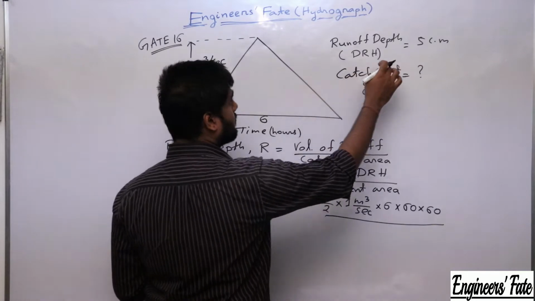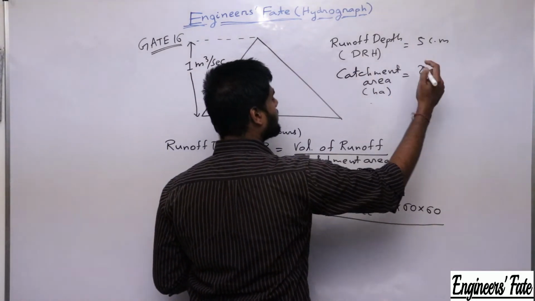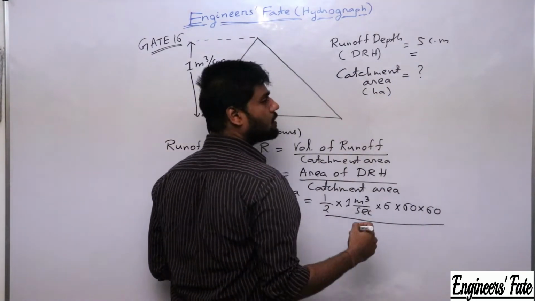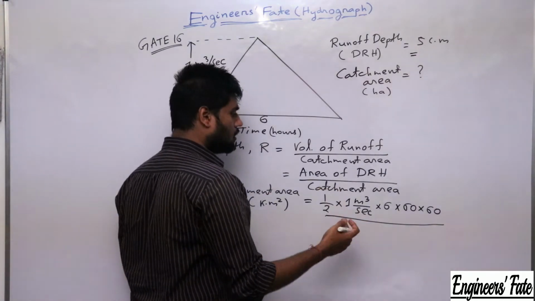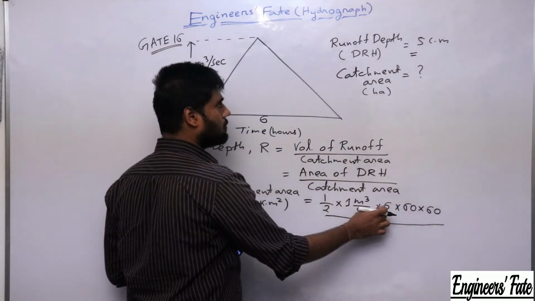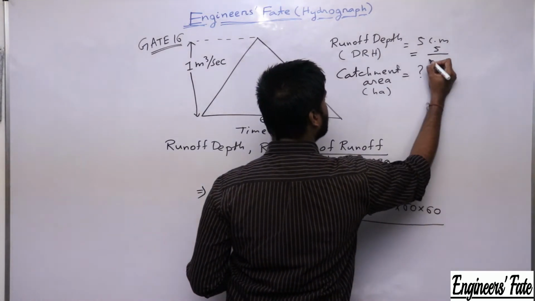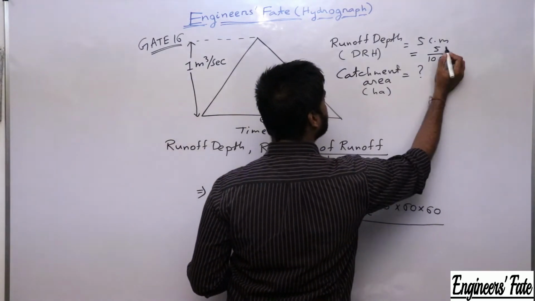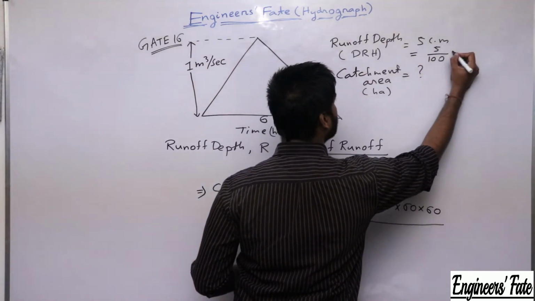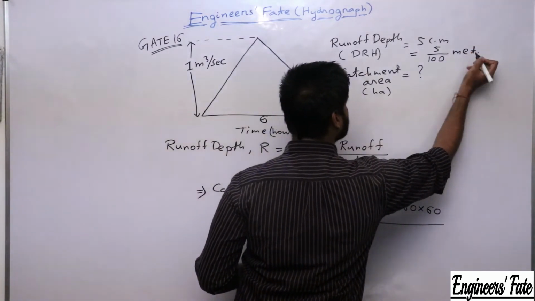Runoff depth is given in the question as 5 centimeter, and I have to convert centimeter to meter because the above value is in meters. So 5 centimeter is 5 by 100 meter.